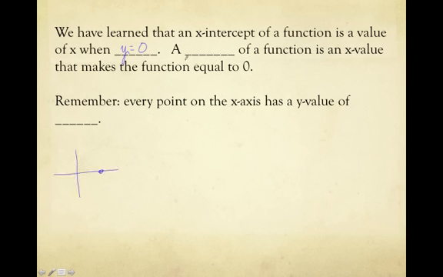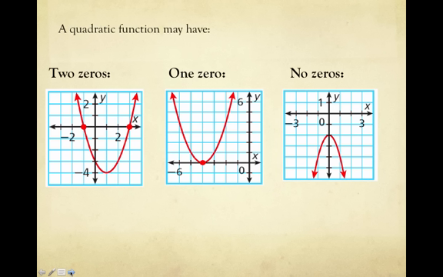So a zero of a function is an x value that makes the function equal to 0. Remember that every point on the x-axis has a y value of 0. So anytime we're on this x-axis, my y value is going to be equal to 0. So we're going to be looking for zeros of a quadratic function. Let's take a look at some examples.